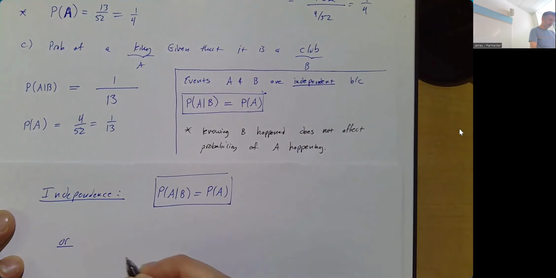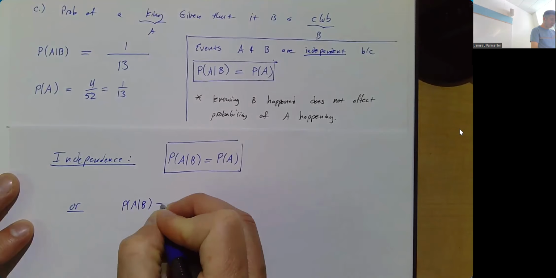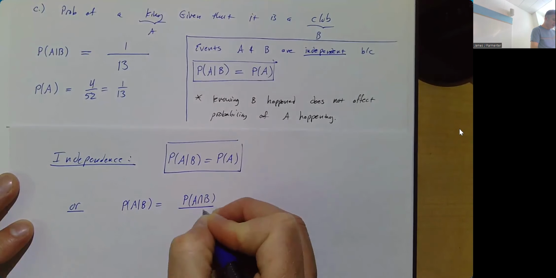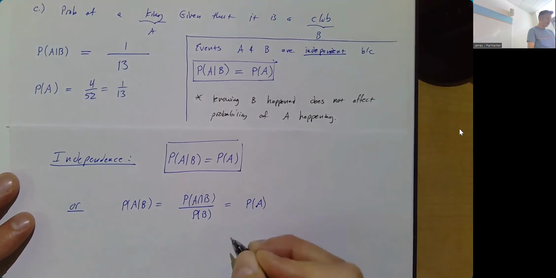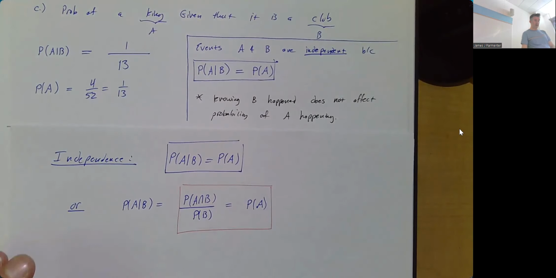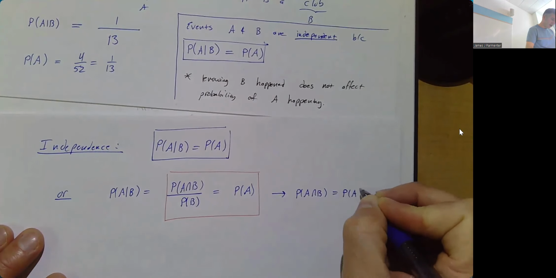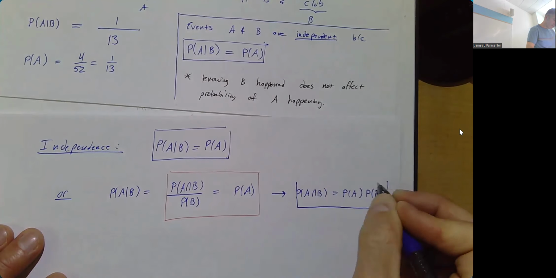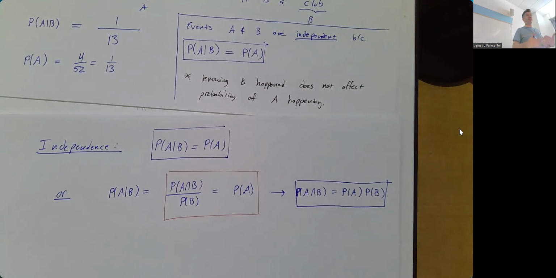The formula for the probability of A given B is the probability of A intersect B divided by the probability of B. And if we're saying that's equal to the probability of A, then we can multiply both sides by the probability of B to get the probability of A intersect B is equal to the probability of A times the probability of B. Or in other words, if A and B are independent events, then the probability of A intersect B is equal to the probability of A times the probability of B. And vice versa.